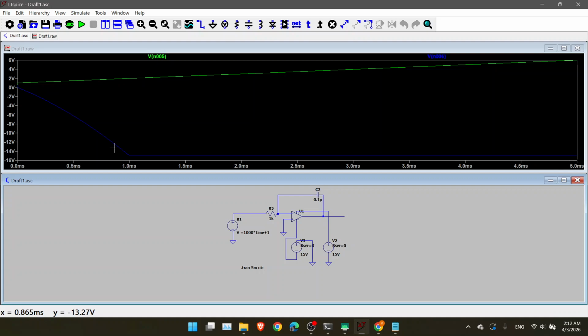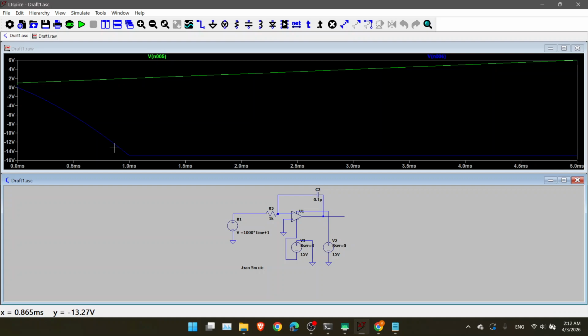If you already studied operational amplifiers, you know that the output cannot exceed the supply voltages. That means plus or minus 15 volts. So clearly the output should be inside that plus or minus 15. It will not go beyond the minus 15.